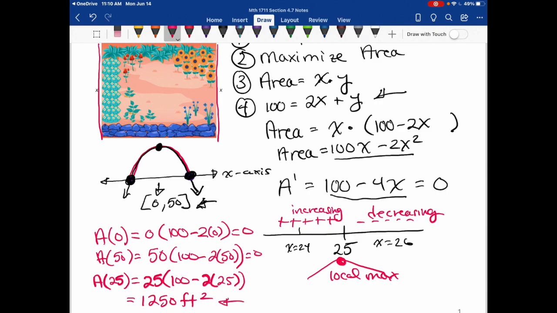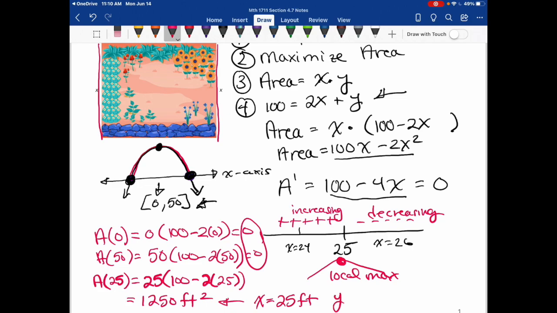This is definitely the better option of the ones that we've checked so far. We checked the endpoints, which gave us 0 area, and then we checked our local max, which gave us an area of 1,250 feet squared. So we're going to say that the maximum area happens when x is 25 feet.